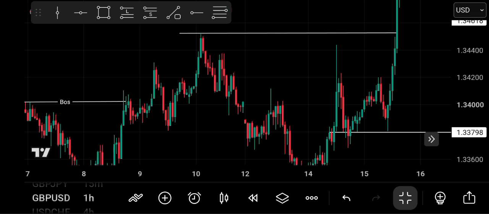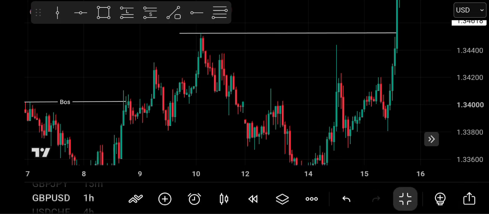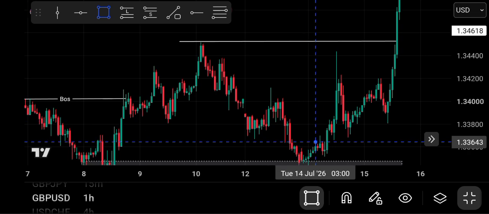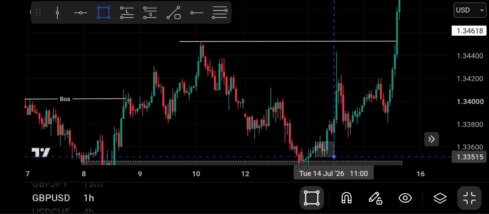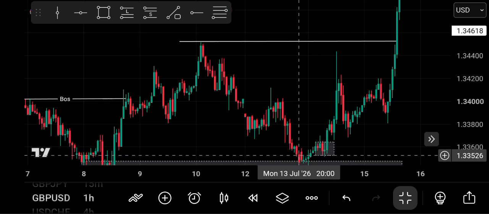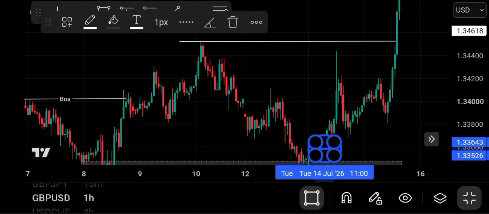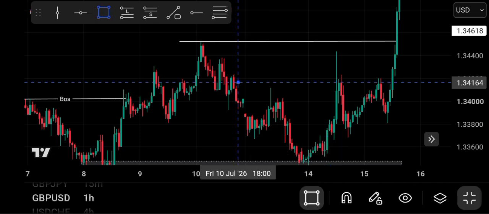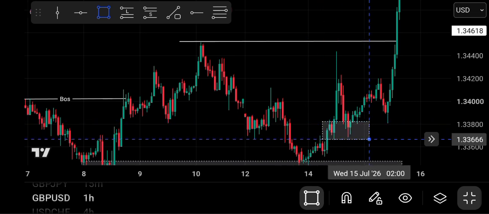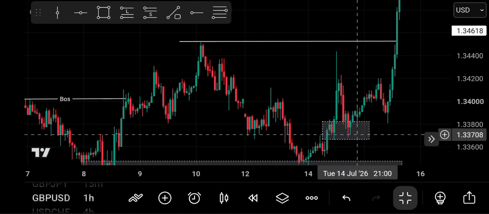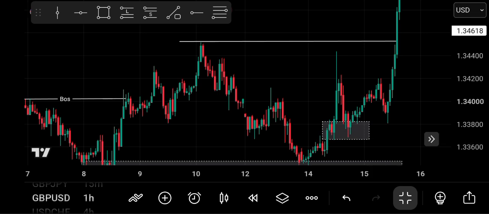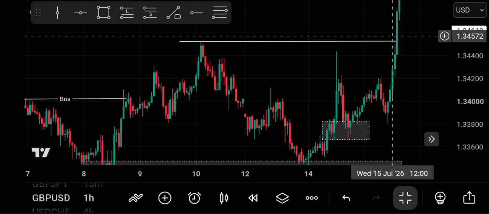Okay, but now if they had decided to move their stop loss from order block to order block, from order block here, their stop loss will be below here, they will still be safe. Or if they had decided to move their stop loss to the next order block, which is this, their stop loss should be below here, they will still be safe before price finally played out nicely to the upside.